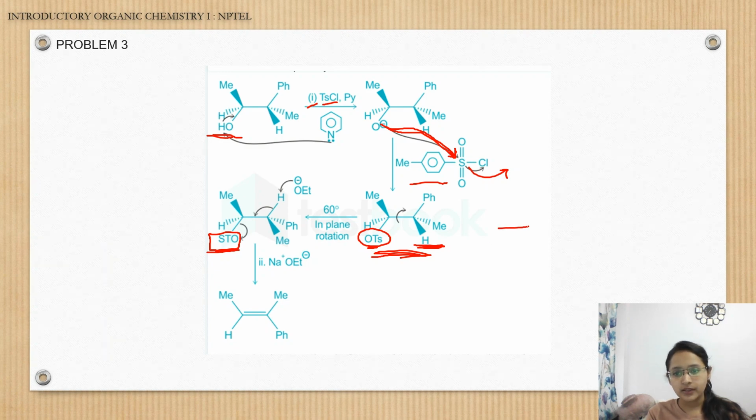So here, if OTs is present in the plane, now you have to bring this hydrogen into the plane as well. So this carbon center stereochemistry will remain the same. The methyl is above, the proton will be below. This stereochemistry is the same. Now you have to rotate this carbon center such that this hydrogen gets in the plane.